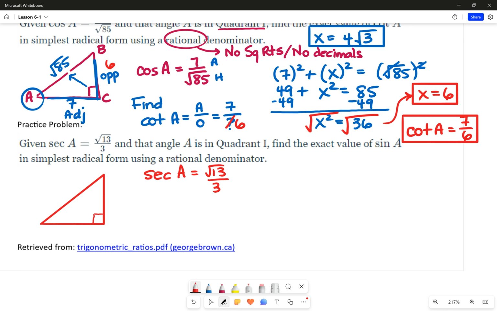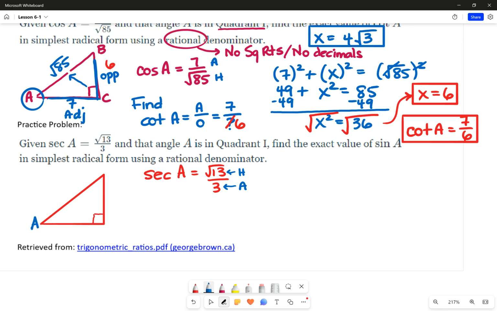Secant is the reciprocal of cosine, and cosine is adjacent over hypotenuse. This will therefore be hypotenuse over adjacent. Okay, so that's what these numbers represent: the length of the hypotenuse and the length of the adjacent side. So I need to label where my angle A is going to be.